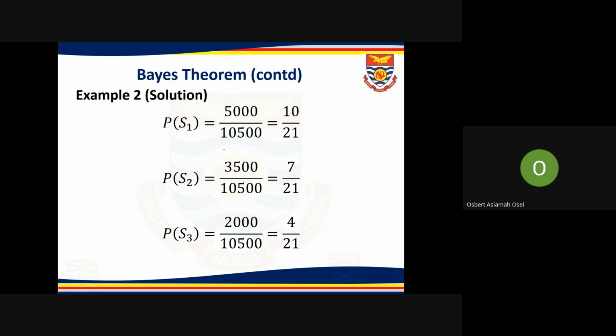So having had these probabilities, we will look at the tree diagram. Now let's look at the probabilities for supplier 1. For supplier 1, his probability is 10 on 21.